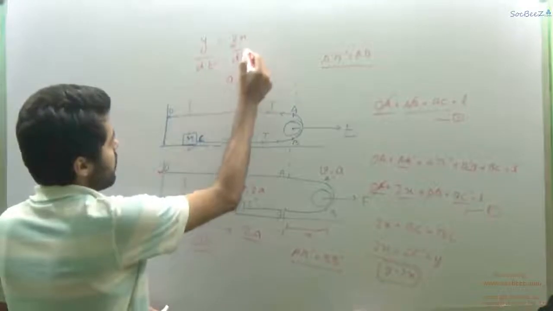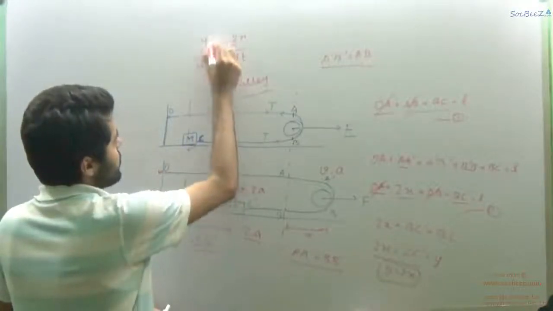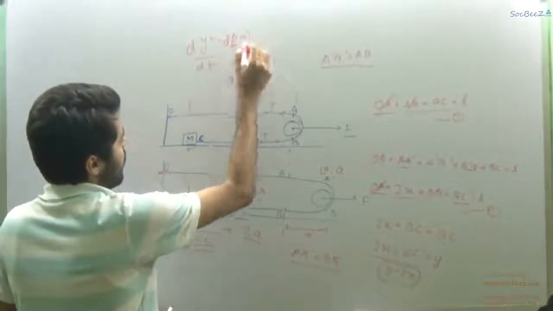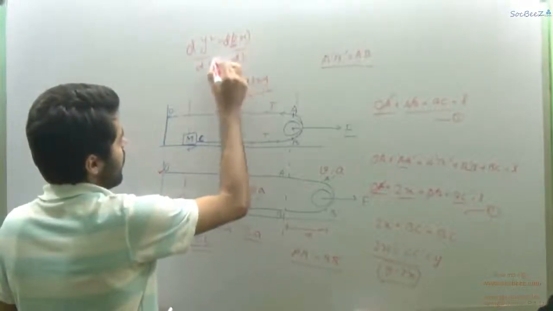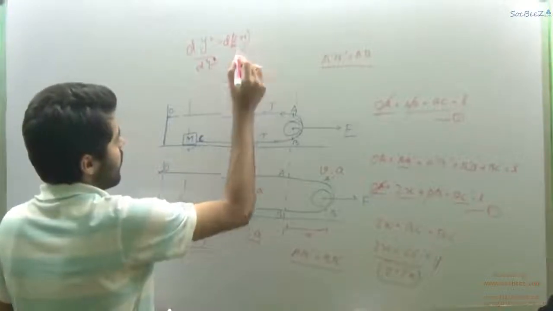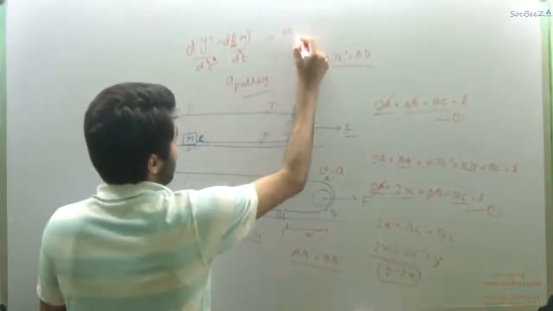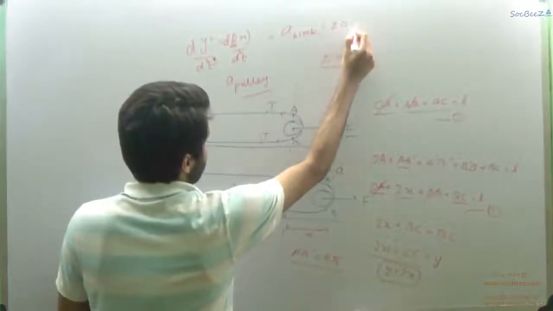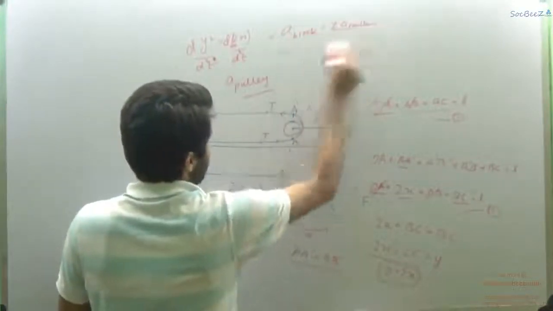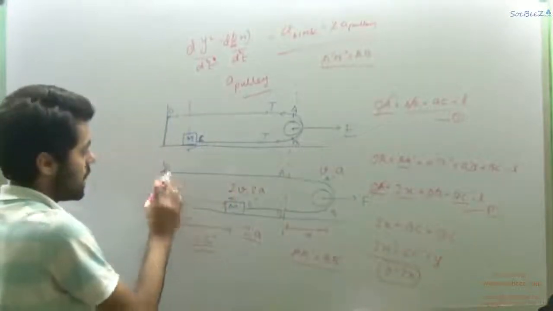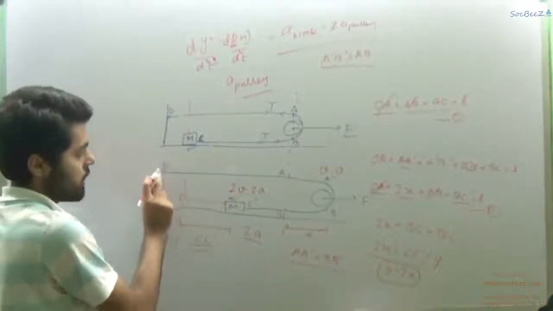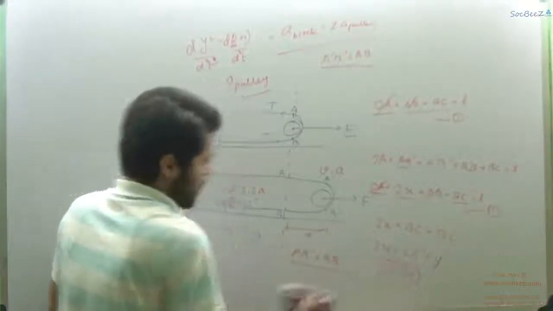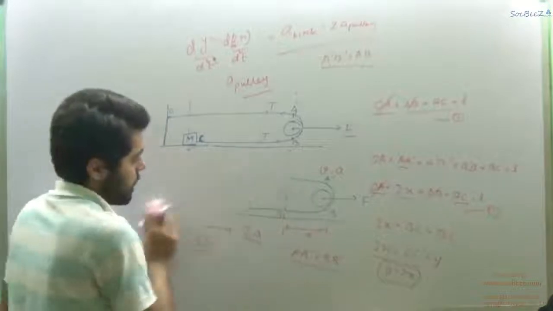Or if we double differentiate it, then the acceleration of the block comes out to be 2 times the acceleration of the pulley. But we must not forget, I am repeating, that this is possible only in this situation when one end of the string is fixed. So if this part is clear, we can come down to the question.